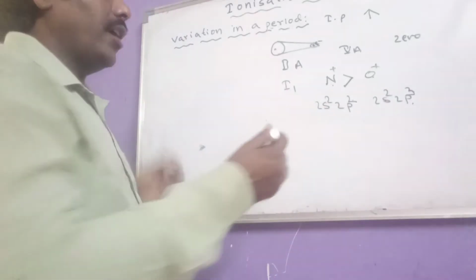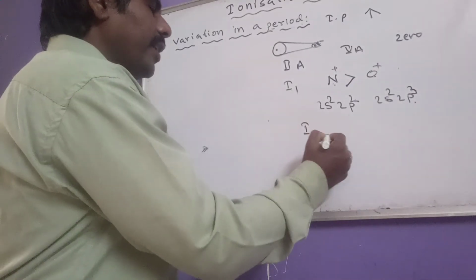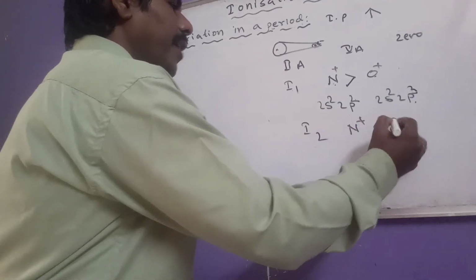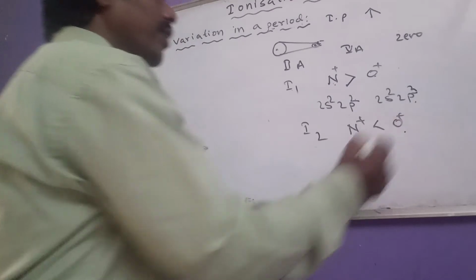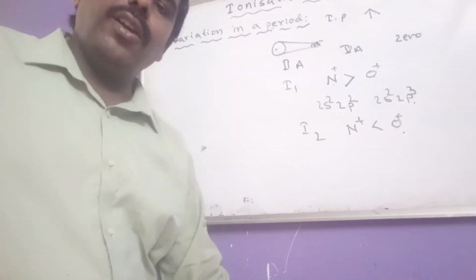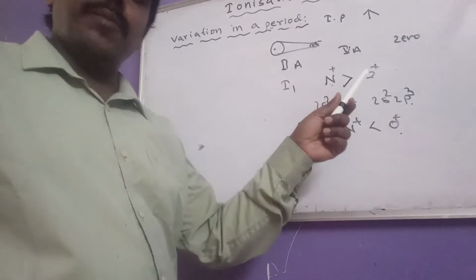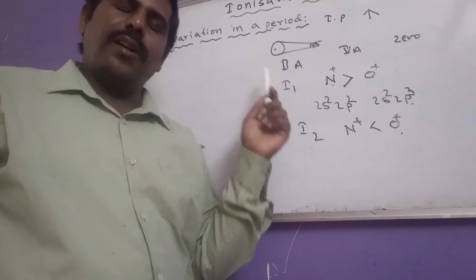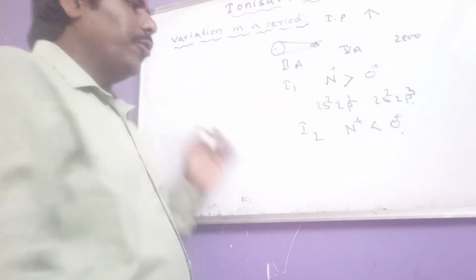So if you come to second ionization potential, nitrogen's second IP is less than that of oxygen. Like that, there are some irregularities in ionization potential variation in a period in case of second A and fifth A group elements.